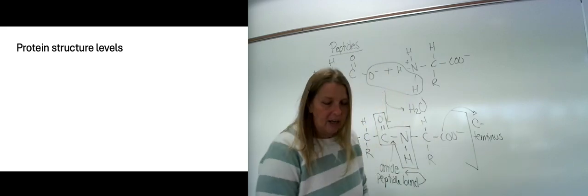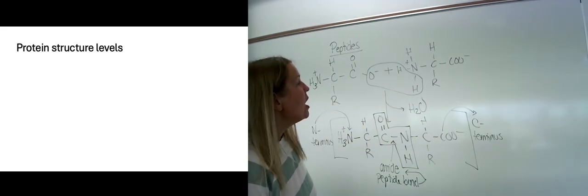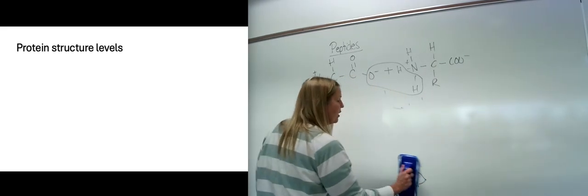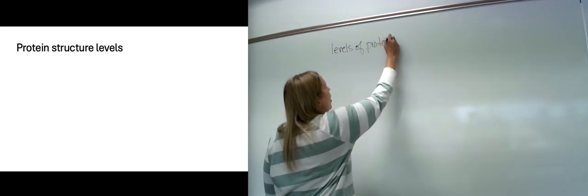So let's take a look at our protein structure levels. Again, biochemists are not necessarily creative people, so there are 4 levels of protein structure. And they are basically named exactly as you would logically think. The levels of protein structure are just primary, secondary, tertiary, and quaternary.